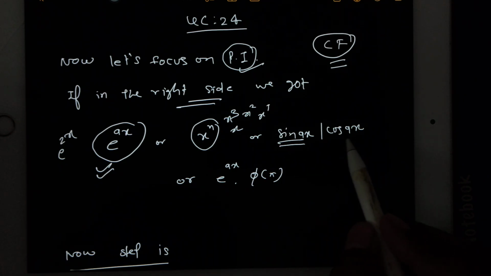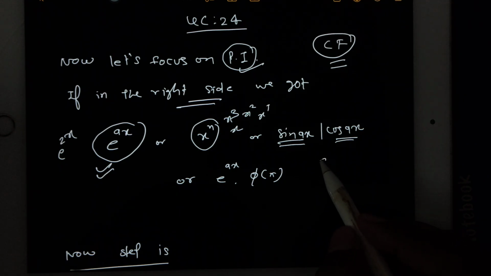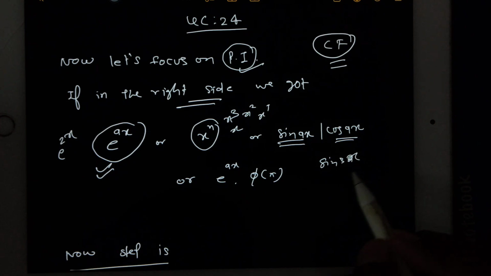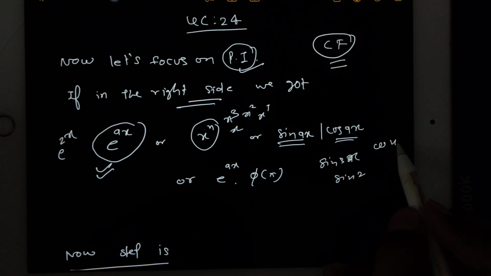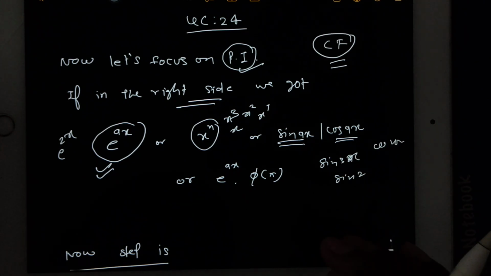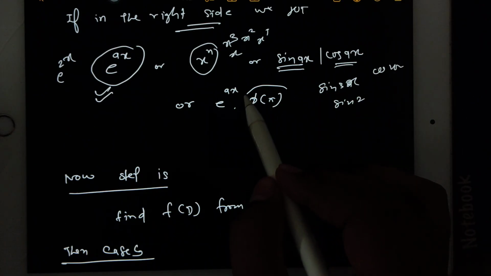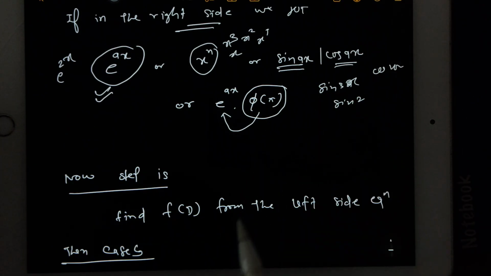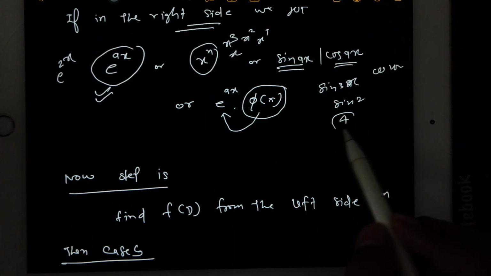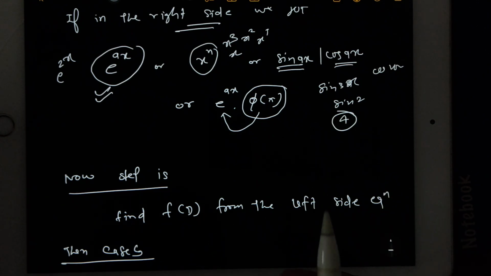Or it can be sine ax or cos ax, like sine 3x or sine 2x or cos 4x. Something like this can be there in the right side I'm talking. Or any function can be multiplied with e power ax. So these 4 standard cases I have taken, and I will explain this one by one.